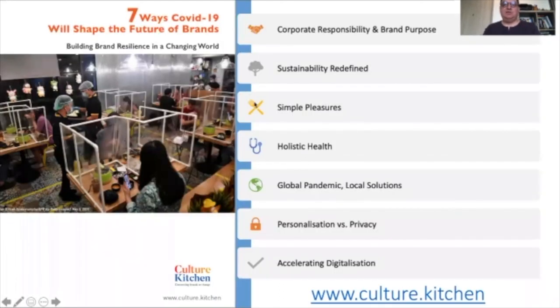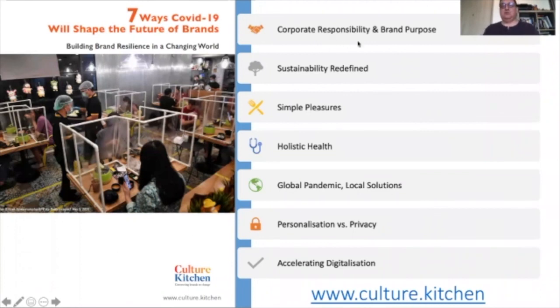And as I mentioned, this is one of 7 themes that we've identified. We've put a load of information on them together on this website, culture.kitchen.